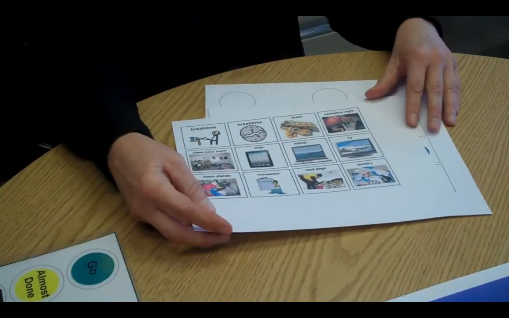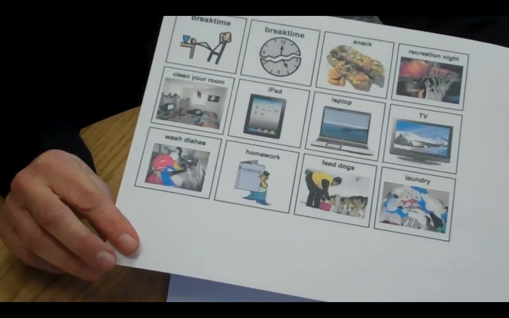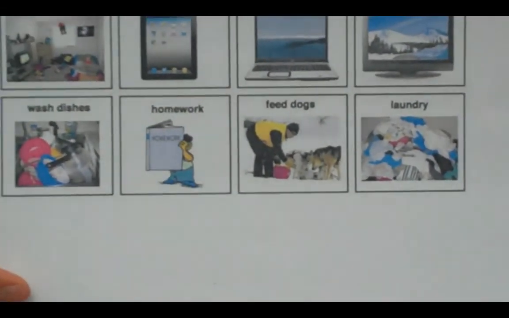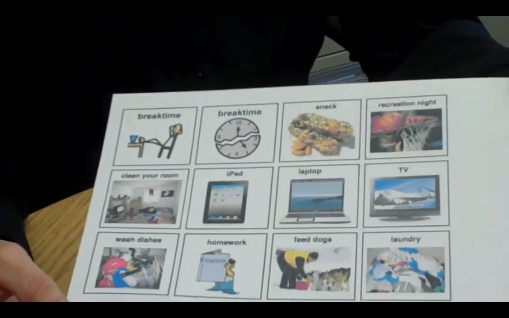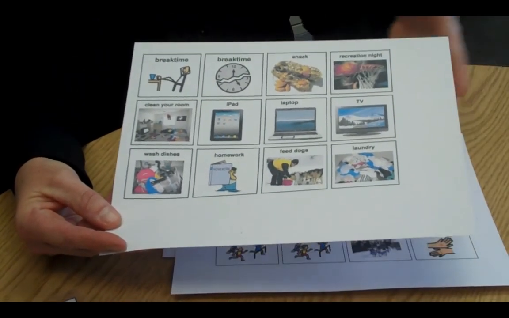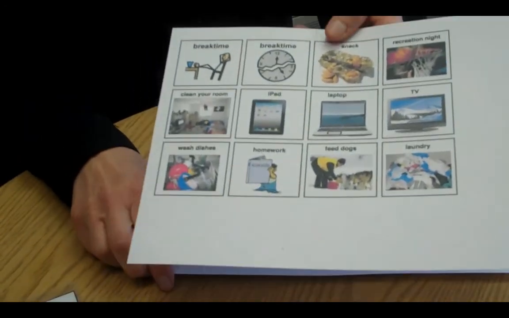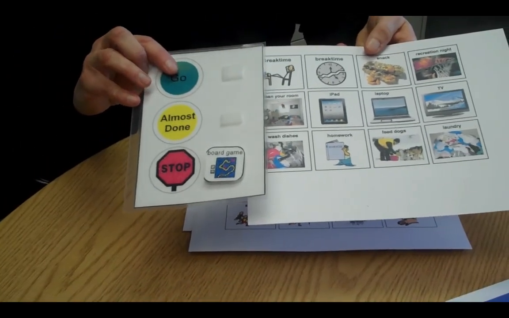You've been provided some templates that you can download from the website, and here's some pictures for the activities, and if these pictures don't fit your needs, feel free to draw your own, get some off the internet, out of a magazine, whatever works for you. So those are the activity ones that would come down the right side of this board.